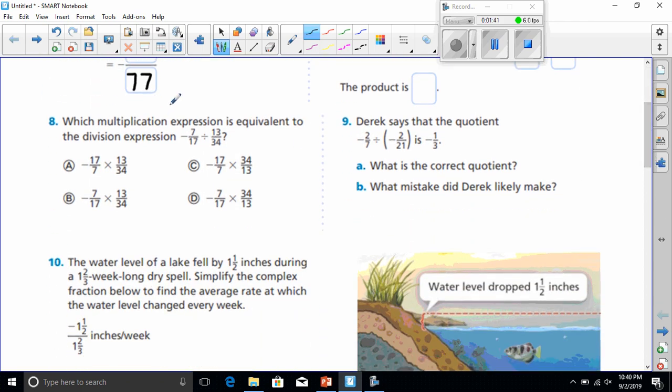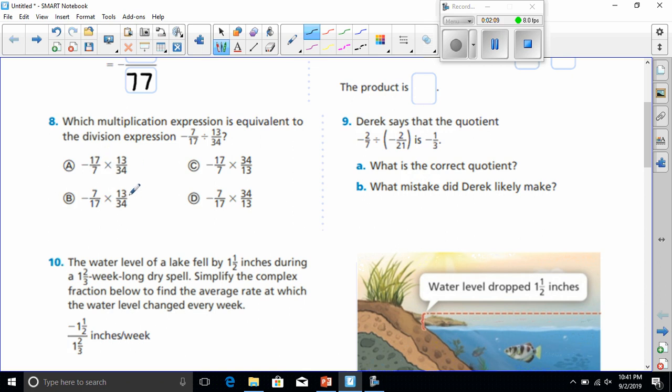Which multiplication expression is equivalent to the division expression negative 7 over 17 divided by 13 over 34? Once again, let's remember, we take the same numbers, we're just going to take the second number and flip it upside down. So let's see if A applies. Well, in this one, they took the first fraction and they flipped it upside down.